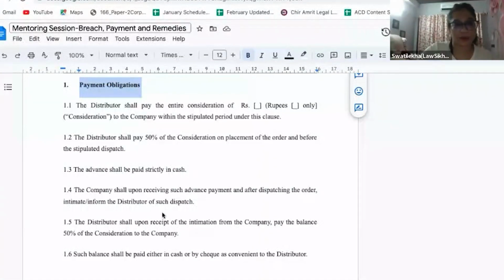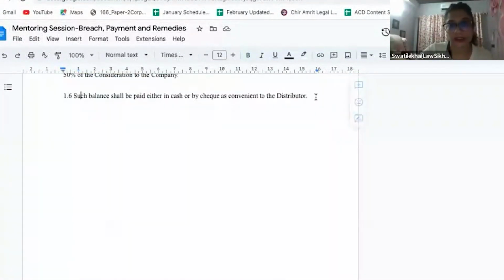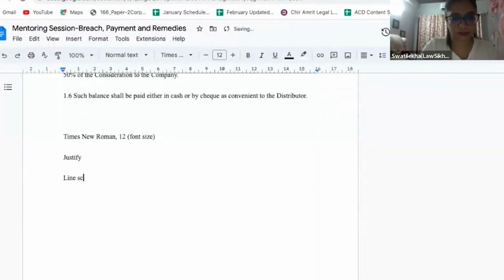Akshay, I'm just typing in this document the checklist that I have told you for formatting. No need to memorize it, I'm typing it out. So basically, Times New Roman, 12 font size, justify, line spacing 1.5, left alignment.